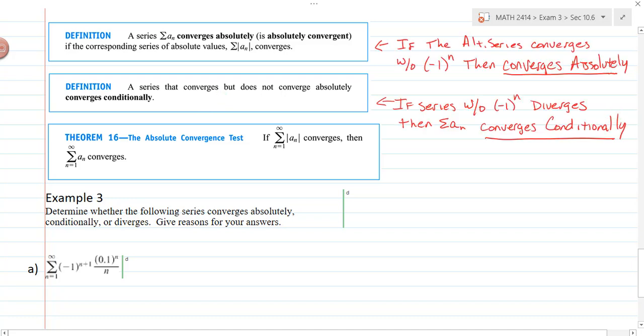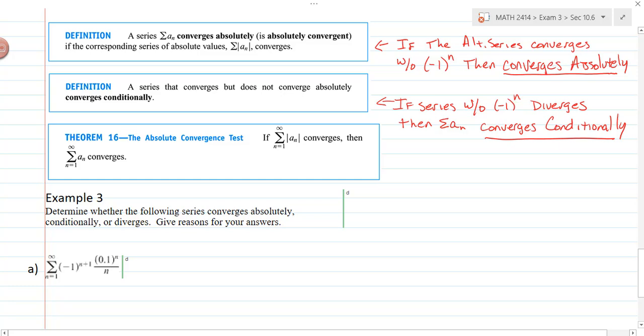So another way to think about this is that if you have an alternating series and the series converges when you take that -1 that causes it to alternate away, then we say the series converges absolutely because the absolute value of the series also converges. If the absolute value diverges, then we say it converges conditionally based on the condition that we have that -1 to the power in the series.